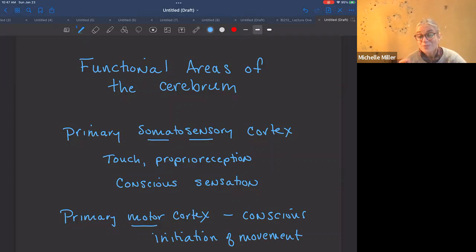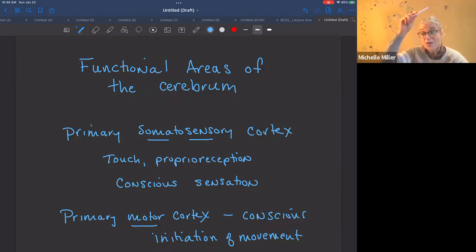So there are special places in that somatosensory cortex and in the motor cortex. It's kind of mapped out to your body so that if an action potential from my right shoulder goes to a particular location in my left cortex, I know that my right shoulder is being touched.